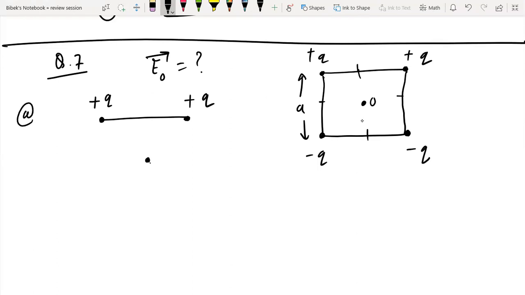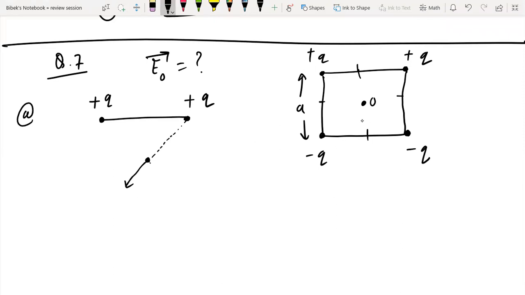It's a positive charge, so the electric field at this point due to this charge will be away from this place, because positive charges emit the electric field, and for negative charges the electric field enters the charge. Keep that in mind, that matters here. So due to this particular charge, your electric field will be in this direction.